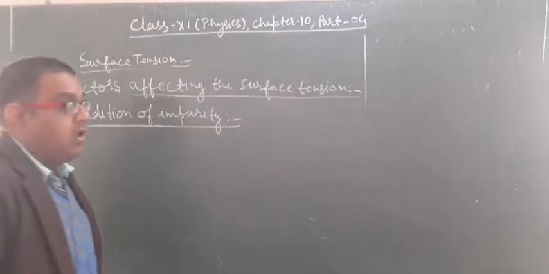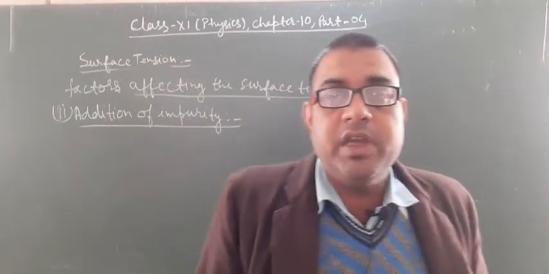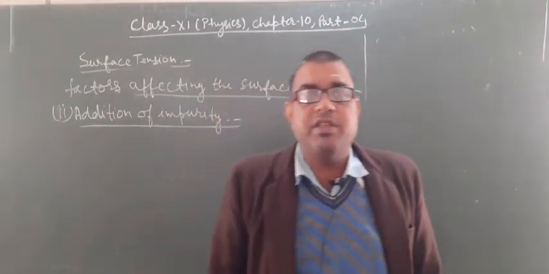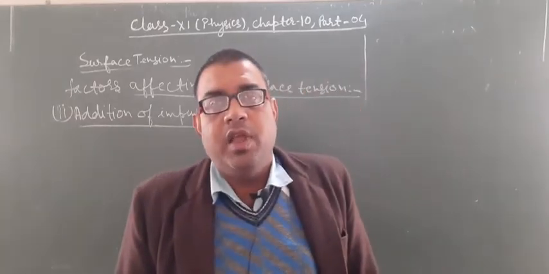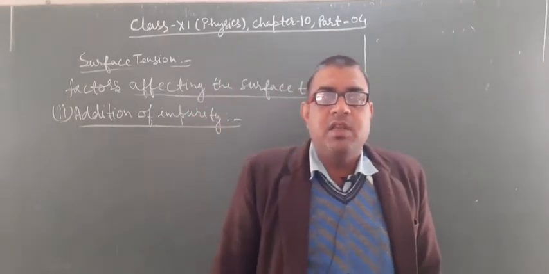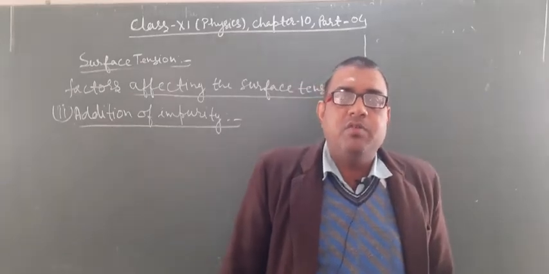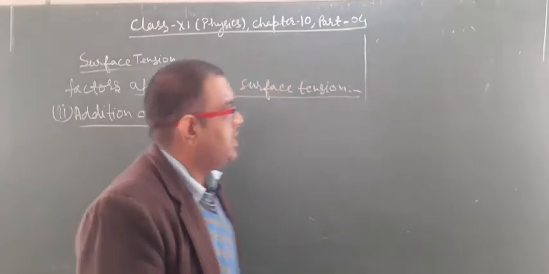So, if you want to increase the surface tension of the liquid, then you have to dissolve a highly soluble substance inside the liquid, due to which its surface tension increases.